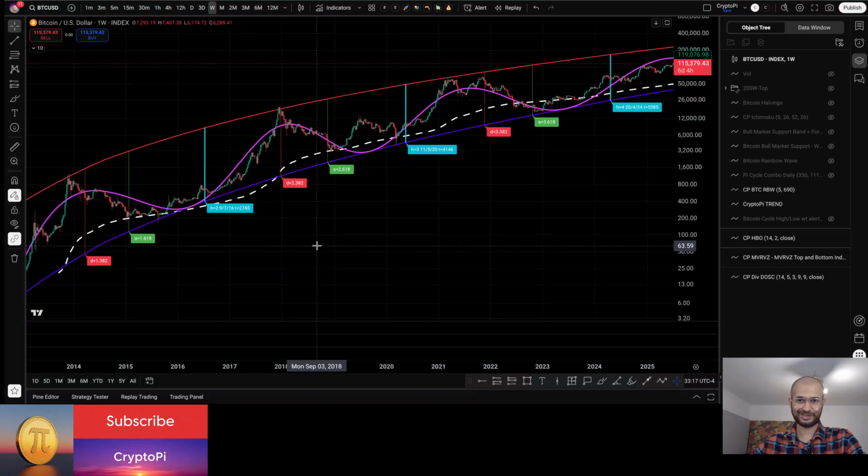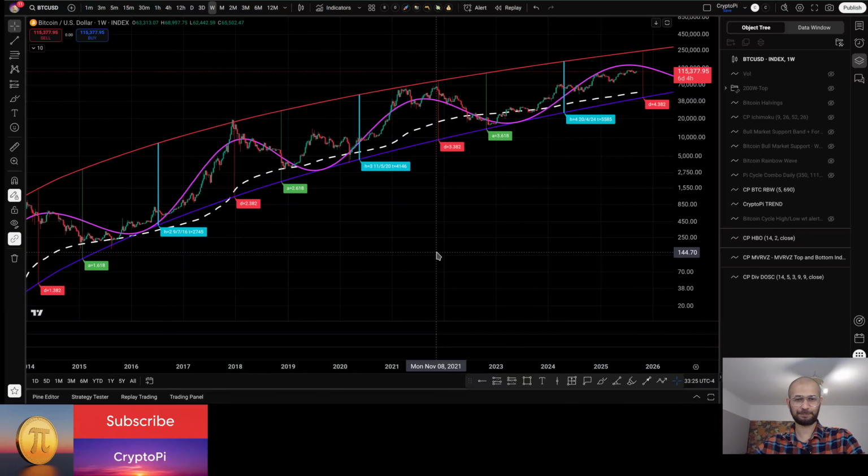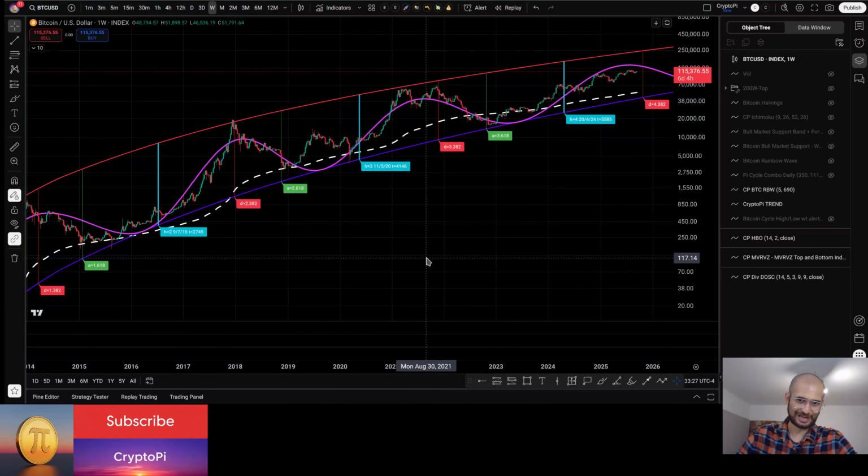The emphasis is on Bitcoin and not on altcoins, because given the history, usually the Bitcoin bull market lasts way longer, approximately 3 years, than the altcoin bull market. Altcoin season, whatever crypto Twitter says, that every other month is altcoin season, but it fails to be an altcoin season.